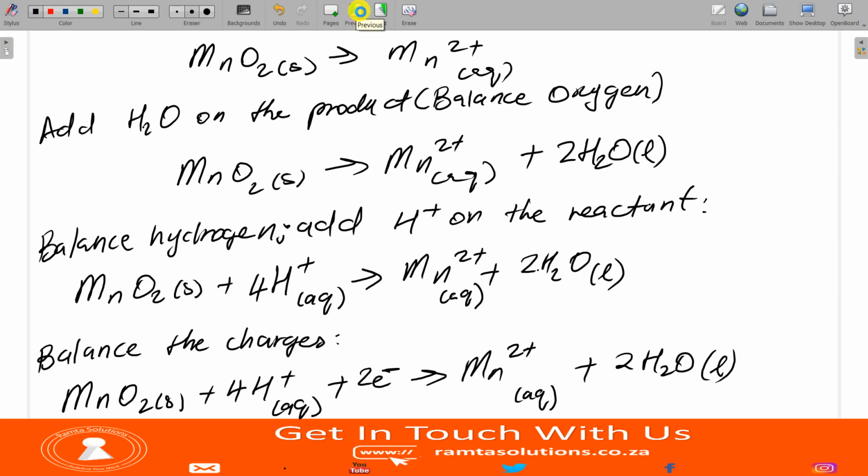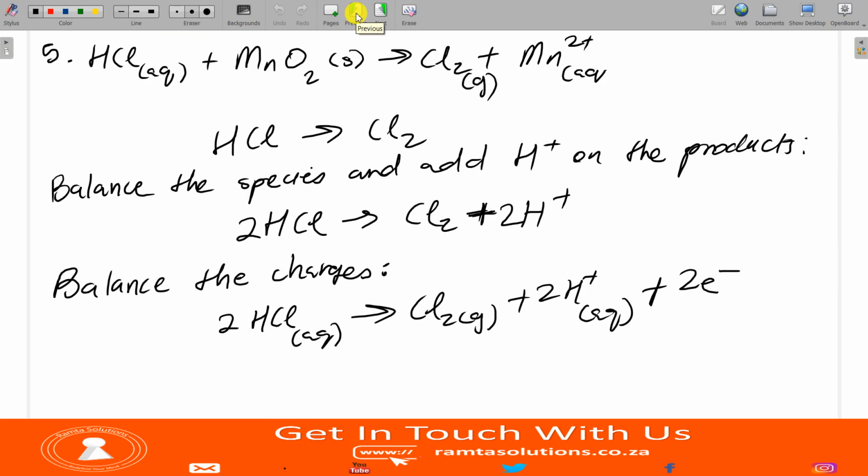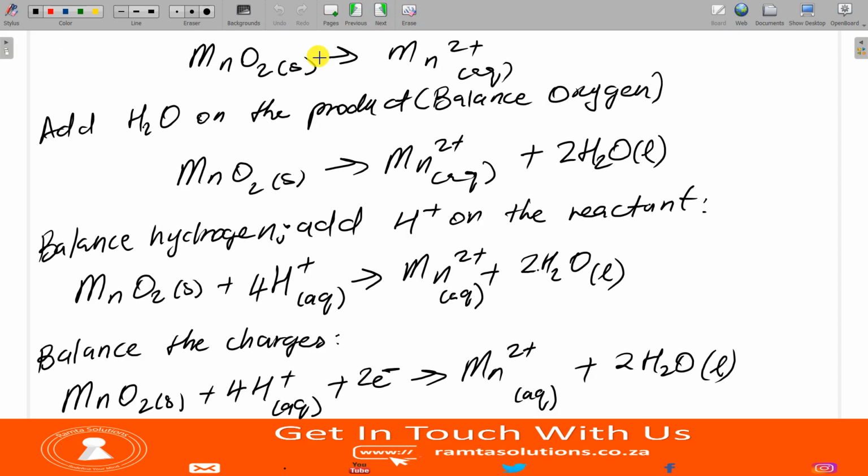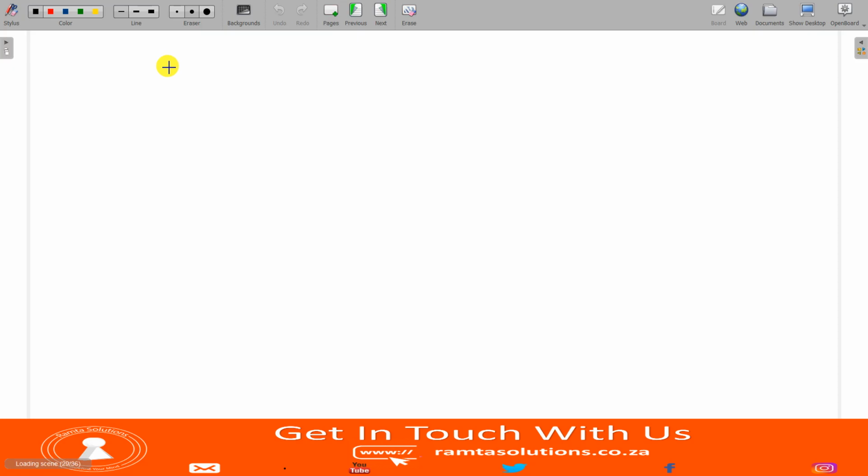Let's go back to check previously what we had. Now we can find overall. What did we have? We had 2HCl aqueous, giving us chlorine gas, plus 2H+, plus 2 electrons.